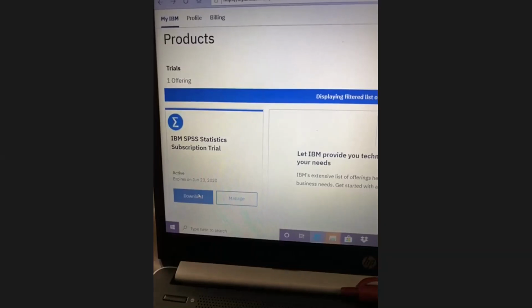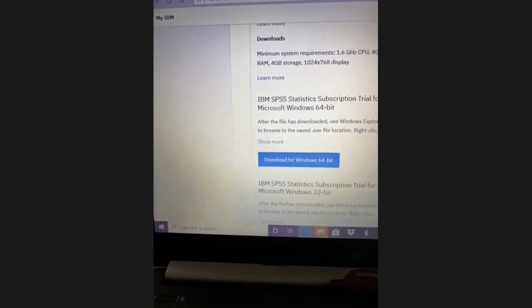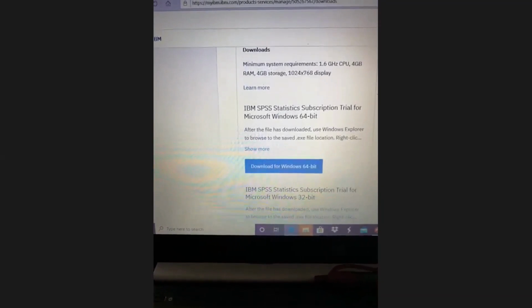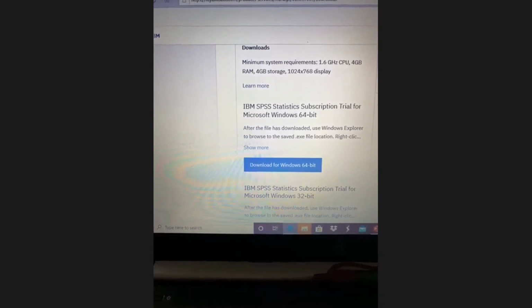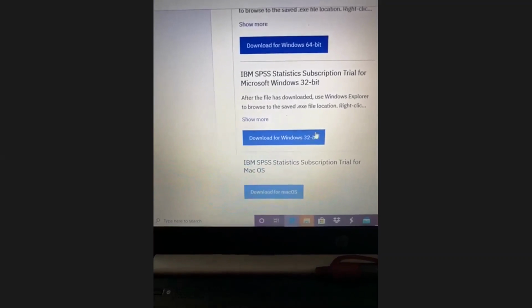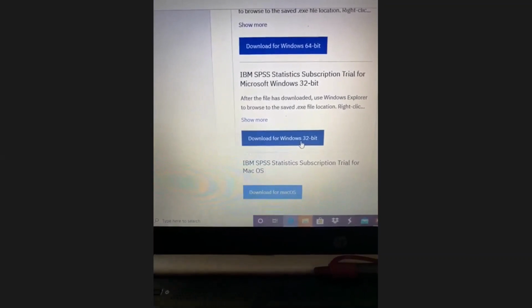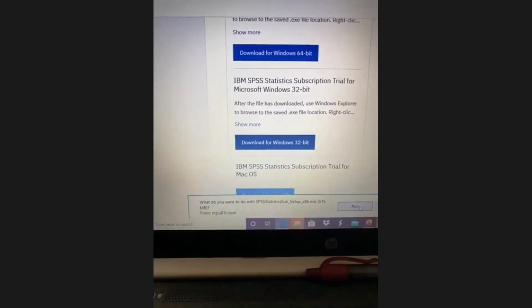Yeah. And it goes back to the same screen again. Okay. How new is your computer? Do you know if it's 64 or 32-bit? I don't. I asked my mom. She said she thinks it's 32. Okay, so click that. Run.